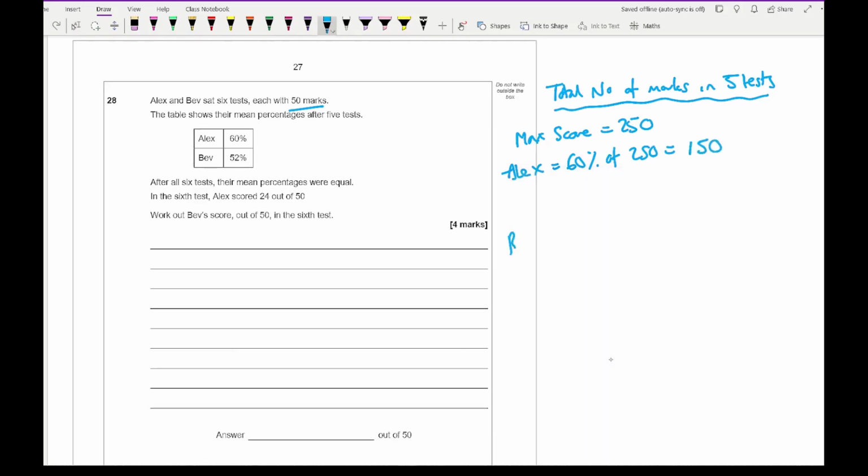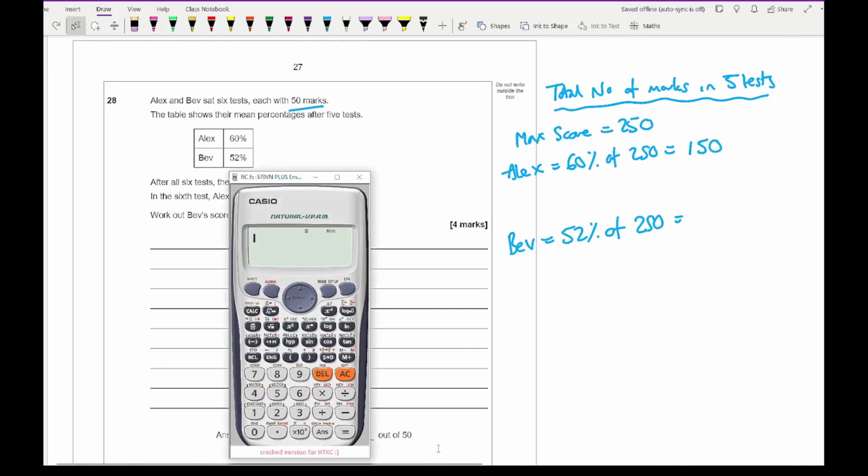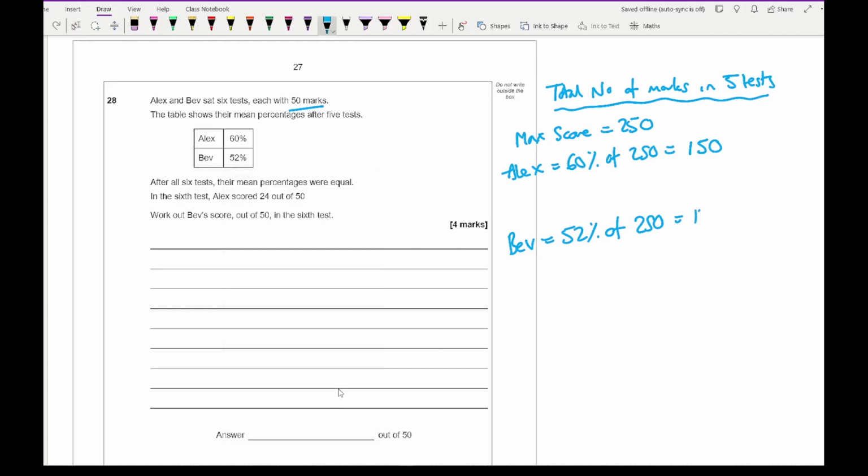And then if I do the same for Bev, she's got 52% of 250, which again on the calculator, 0.52 times 250 equals 130. Now in the 6th test, Alex scores 24 out of 50, so plus 24, which gives him a total score of 174.